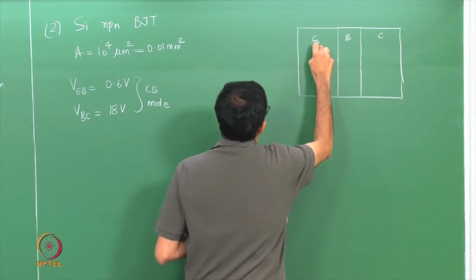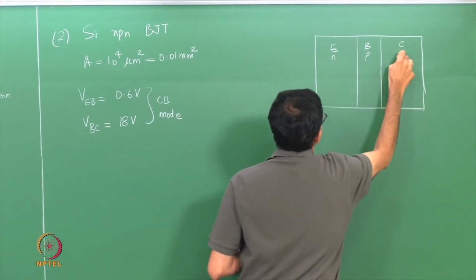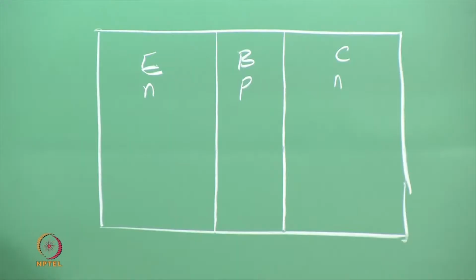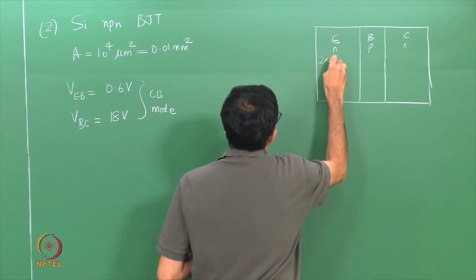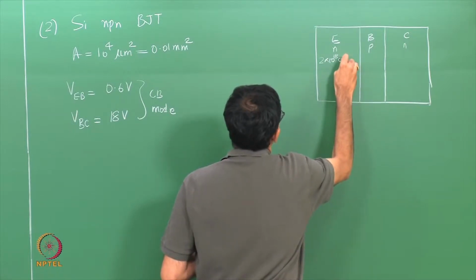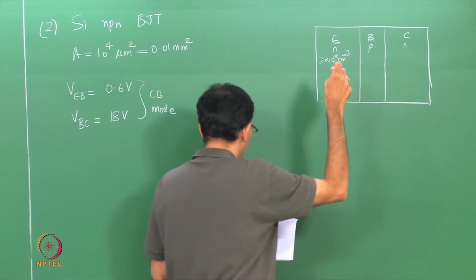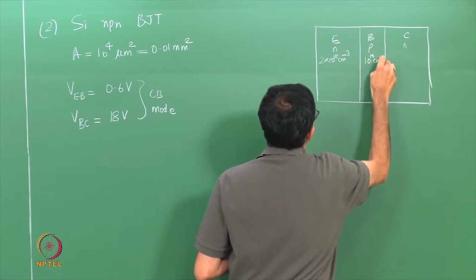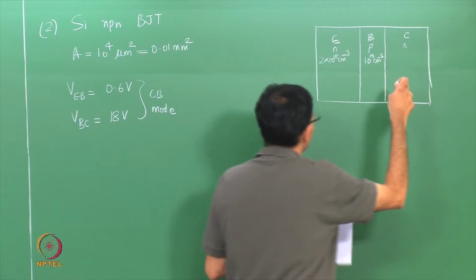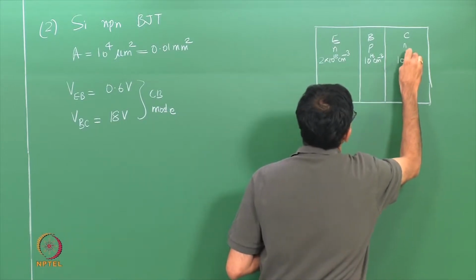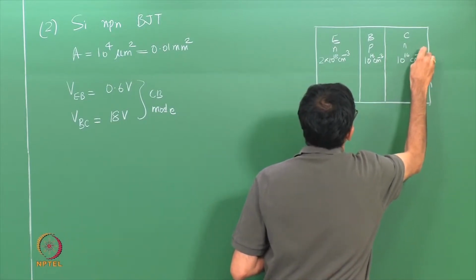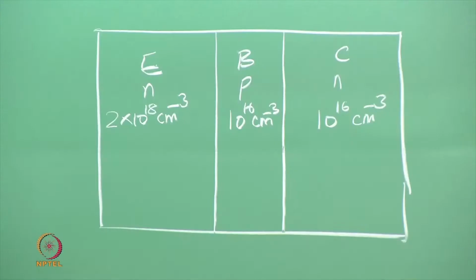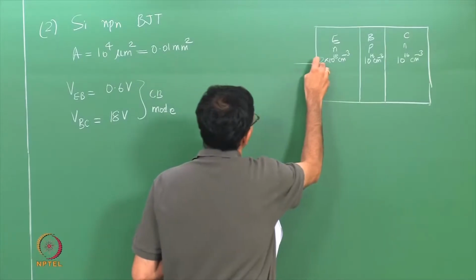This is an NPN, so we have N, P and N. The concentrations are also given. So, 2 times 10 to the 18 per centimeter cube, this is your majority carrier concentration. Then you have 10 to the 16 per centimeter cube. This is also 10 to the 16 per centimeter cube. So, this is in your common base mode.